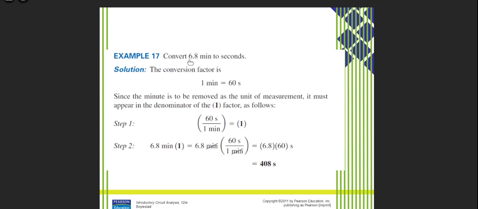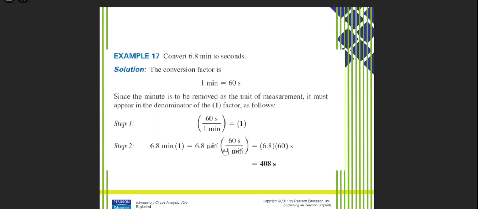If you divide this number by this number, the result should be 1. When we have 6.8 minutes, we have to use this one in a way that the minute is in the bottom part, so this one cancels out with this one. Then if you multiply this by this, the only remaining unit is second. Now, if it was different, for example, if it was 6.8 seconds and you want to convert it to minutes, then the unit in here was second.